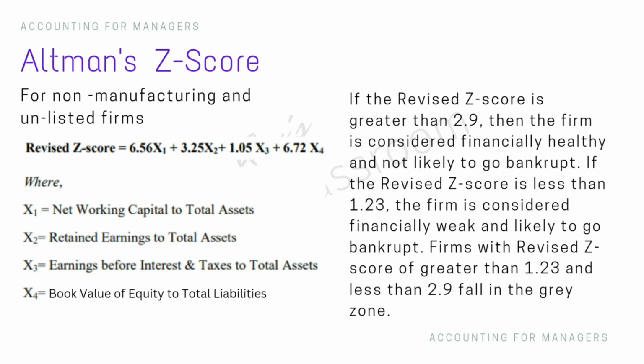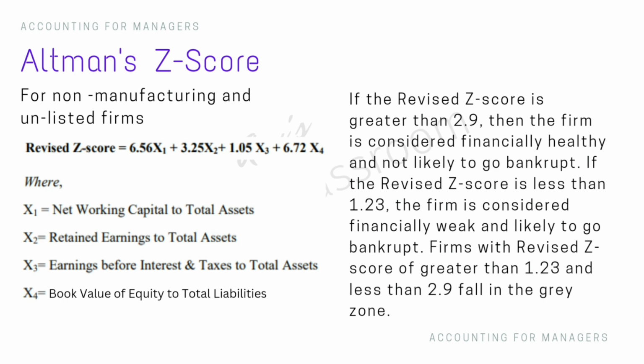According to this revised Altman's Z-score, he found that there are mainly 4 financial ratios which affect it. The first three are the same as for manufacturing firms, x1, x2, x3. x5 is not there and x4 is a little bit different. So x1 is the net working capital to total assets, x2 is retained earnings to total assets, x3 is the earnings before interest and taxes to total assets, but x4 is the book value of equity to total liabilities.